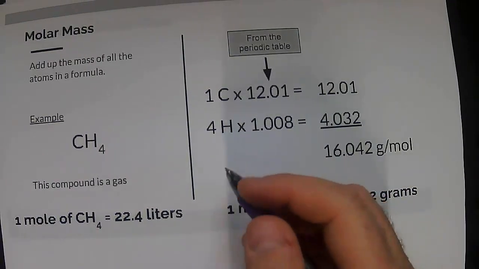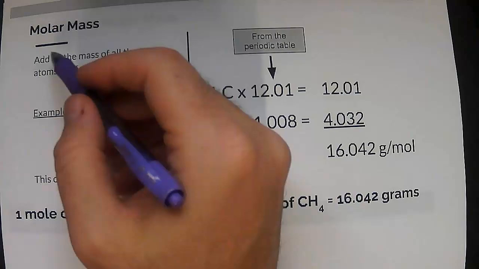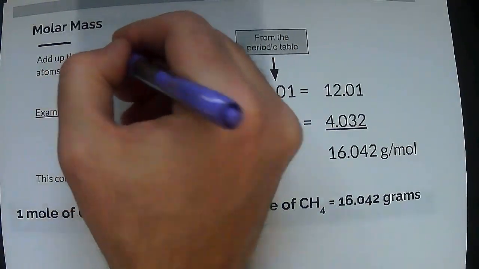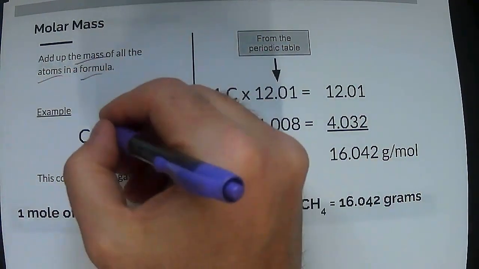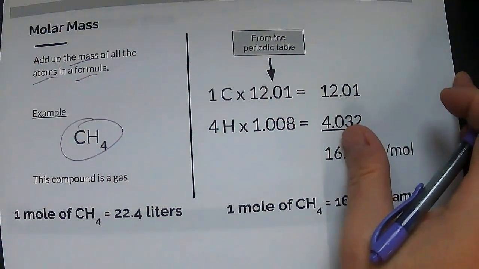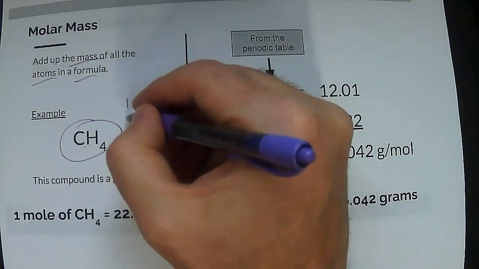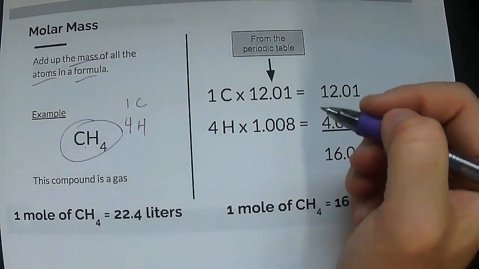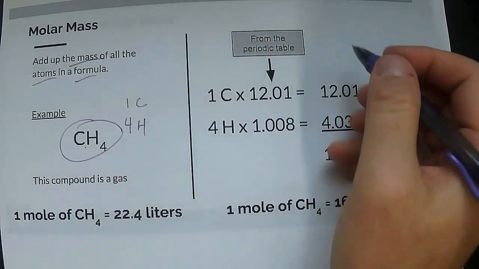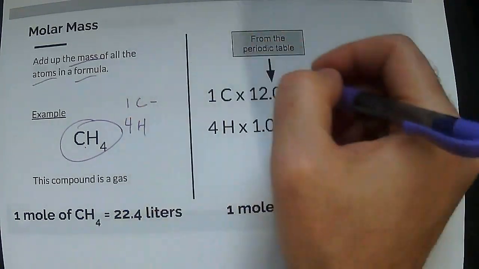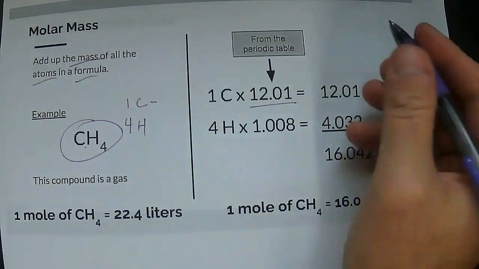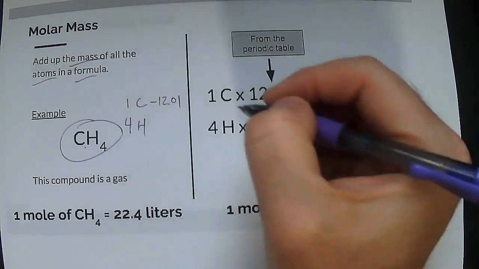So this is how this works. If we have the molar mass, we're going to add up the mass of all the atoms in a formula. So if we have CH4, we have one C and four H's, and we know from the periodic table that carbon has a mass of 12.01.